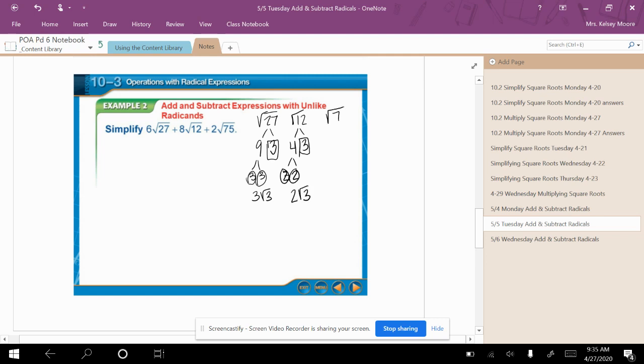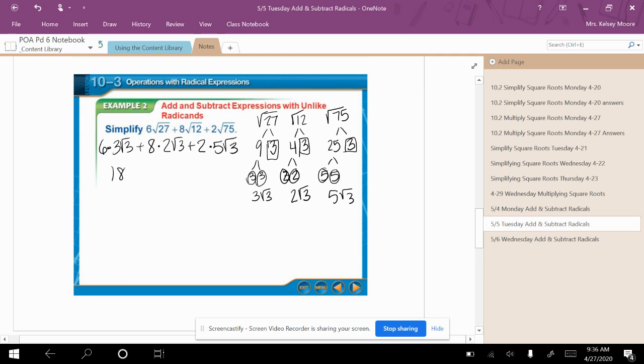And then the 75, we can do 25 and 3. 25 goes down to 5 and 5. Circle the 5's, box the 3. You get 5 square root of 3. Okay, so rewriting all of these radicals and putting in the numbers on the outside, you get 6 times 3 square root of 3 plus 8 times 2 square root of 3 plus 2 times 5 square root of 3.